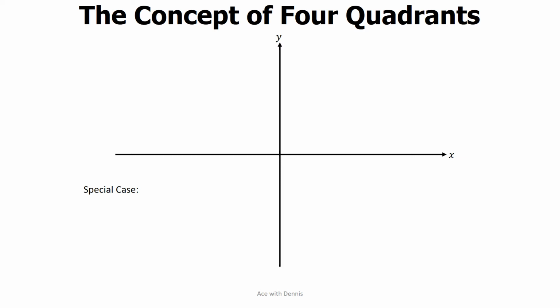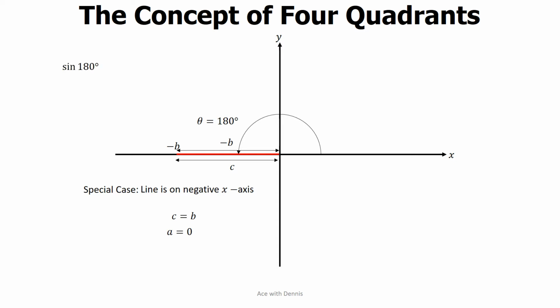Now the third special case is when the line is on the negative x-axis. From here, the angle theta is 180 degrees. So this is negative B, which means the length here is negative B, and this length is also C. It means that C equals B, while A equals 0. Therefore, for sine 180 degrees, it is A over C. A is 0, so it will be 0 over C, so sine 180 degrees will be 0.